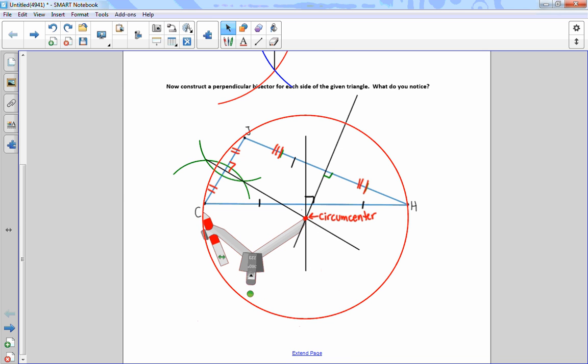How many times does the triangle touch the circle? 3 times, and exactly which spaces? The points. We have a name for that, so it would be vertex, plural vertices.